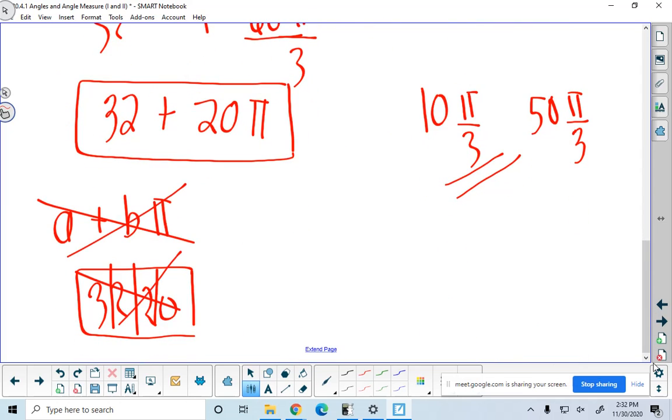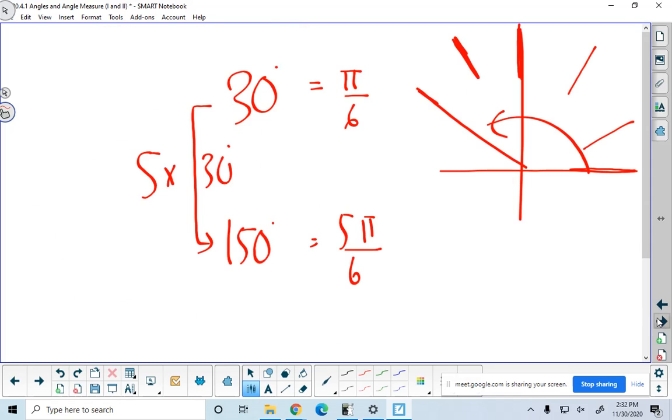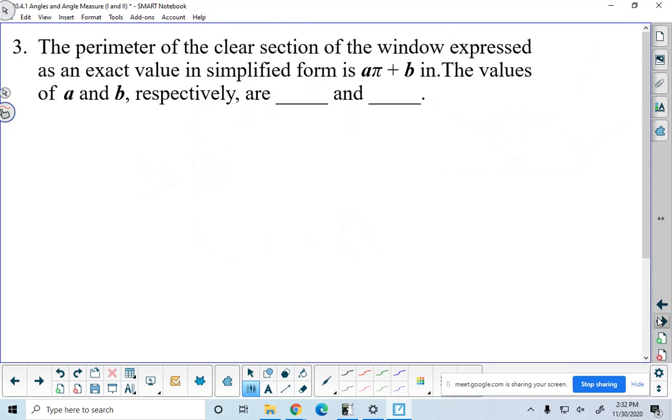So we want to compare this to a pi plus b, which is 20 pi plus 32. So a is 20 and b is 32. I hope that didn't confuse you, that I should have actually read the question and saw what I was asking. Anyway, a is 20 and b is 32. So when we answer this question, you would enter 2032. Respectively means in the order listed.